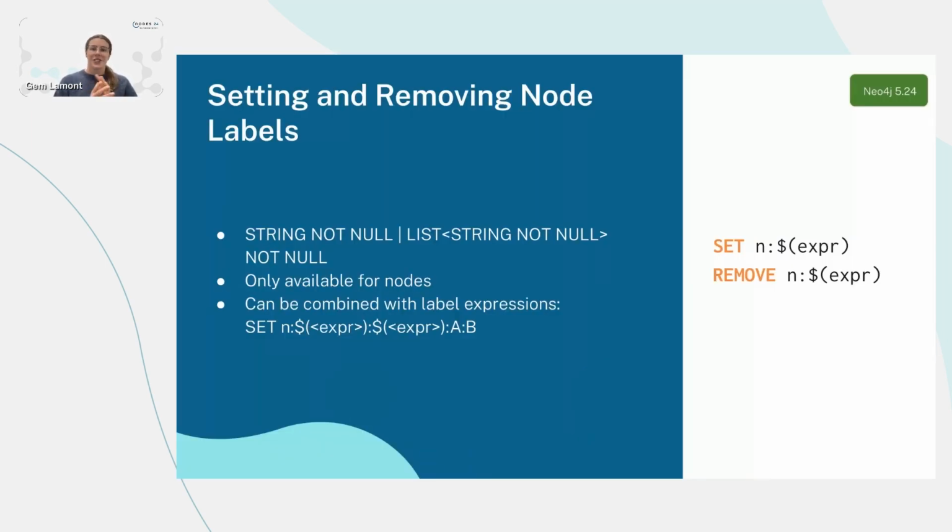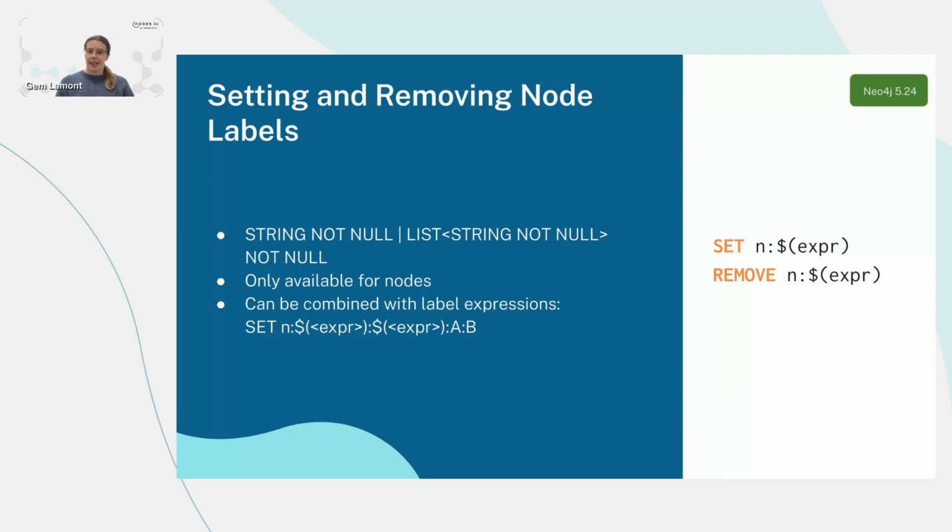Great, so straight into it. In the recent release of Neo4j 5.24, we have introduced the setting and removing of node labels dynamically. As you can see here, we use the set and remove clauses that we already have today.